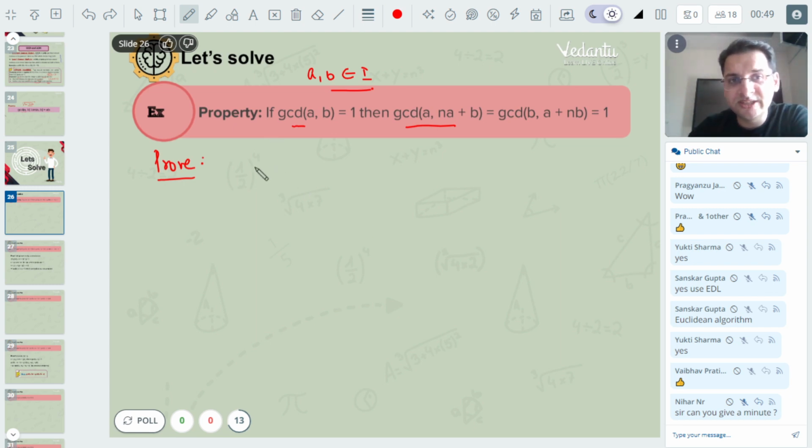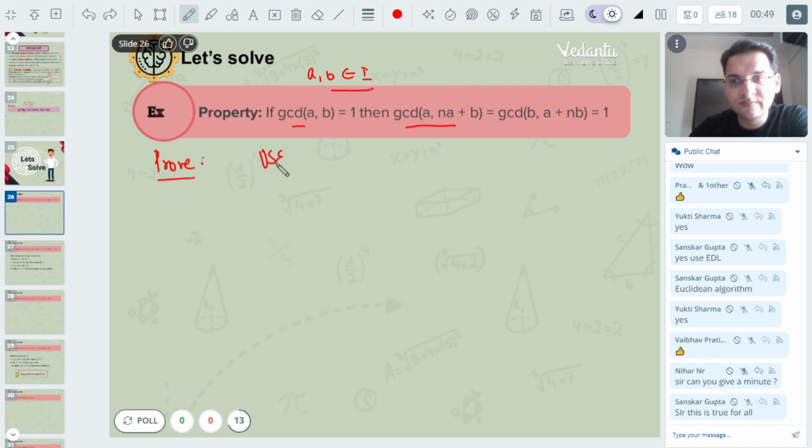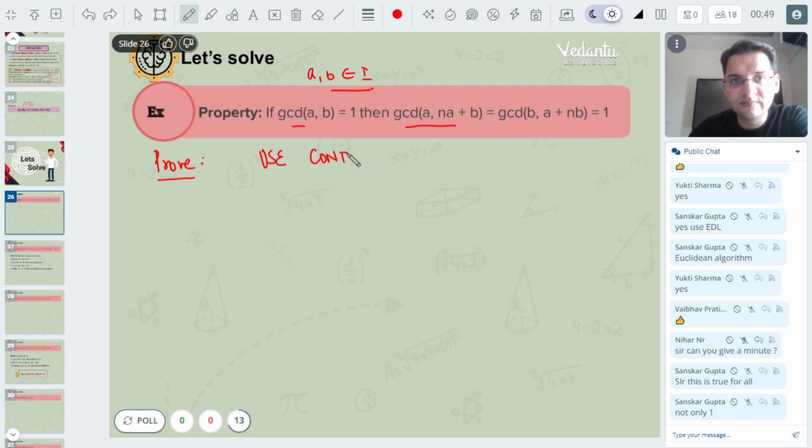The hint is use contradiction. Yes, Sanskar, we will be proving this for all others also. But for now, just prove it for one.